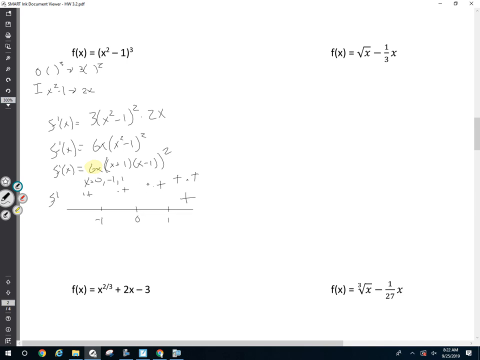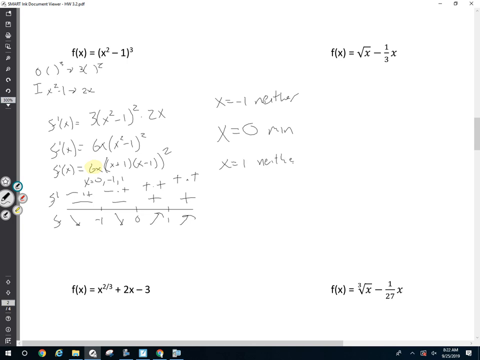To the right of 0, positive. To the left of 0, negative. To the left of negative 1, negative. So we are going to go down, flatten out, go down, flatten out, go up, flatten out, go up, where x equals 0 is our only min. x equals negative 1 is neither a min nor a max. And x equals 1 is neither a min nor a max.